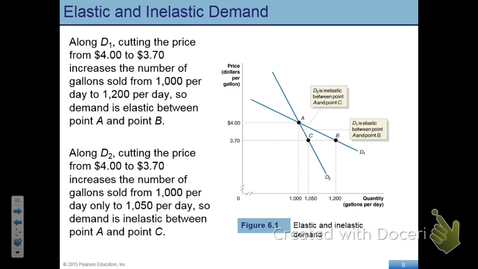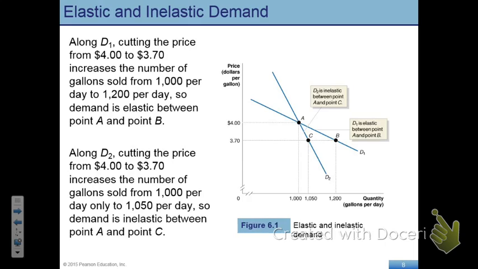When you move from A to C rather than from A to B, under D2 you notice that the change in quantity demanded is smaller than the change in quantity demanded under D1. So D2 is steeper than D1 and less elastic than D1. So D2 is inelastic, D1 is elastic demand.